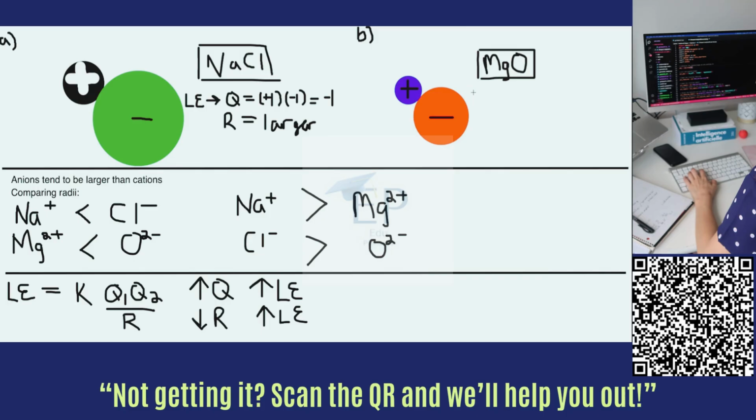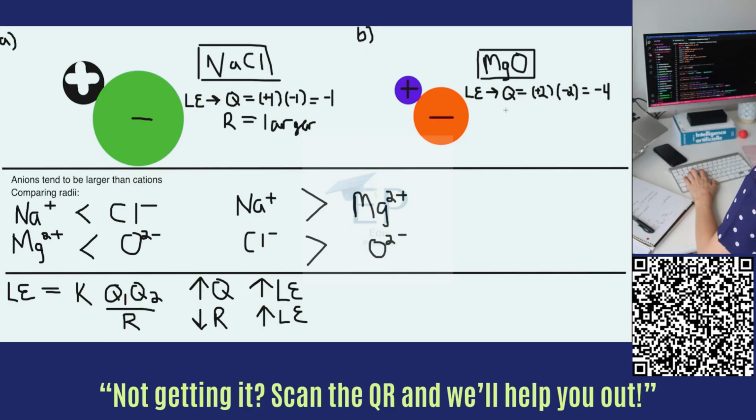Let's do the same thing for magnesium oxide. The Q will be equal to the charge of magnesium, plus 2, times the charge of oxygen, which is minus 2. And that gives us minus 4.